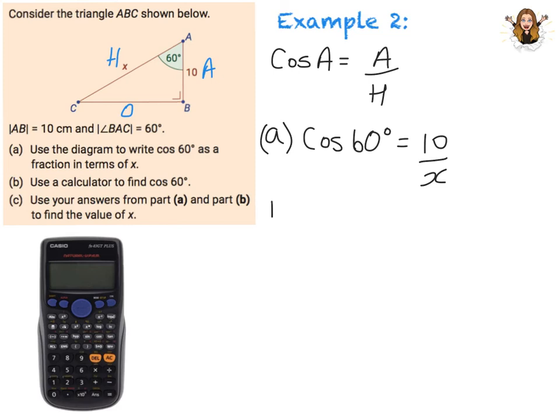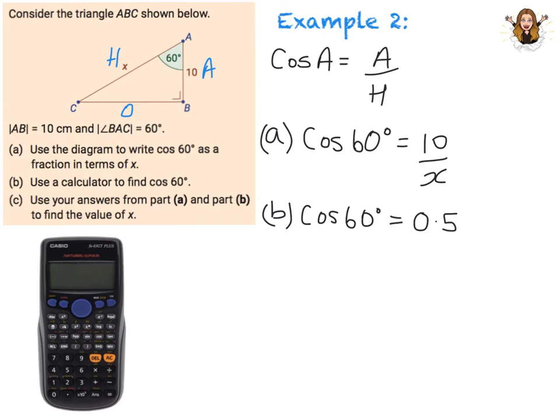Part B then is where we get our calculators out again and we say cos 60 is equal to something. So we'd get our calculator, we click cos, we type 60 and we press the equals button. So do that now and see what you get. When you put that in your calculator, you should get 0.5. Okay, so that's part B answered.